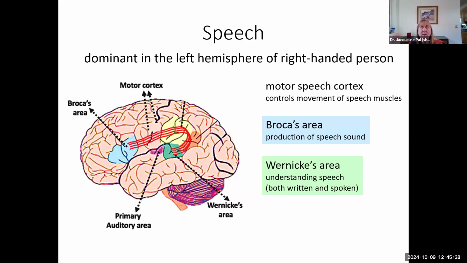And this is responsible for understanding speech. Not only understanding the spoken word, but understanding what is written. You can read it without Wernicke's area, but you won't make sense of it. You can hear it, but you won't make sense of it.